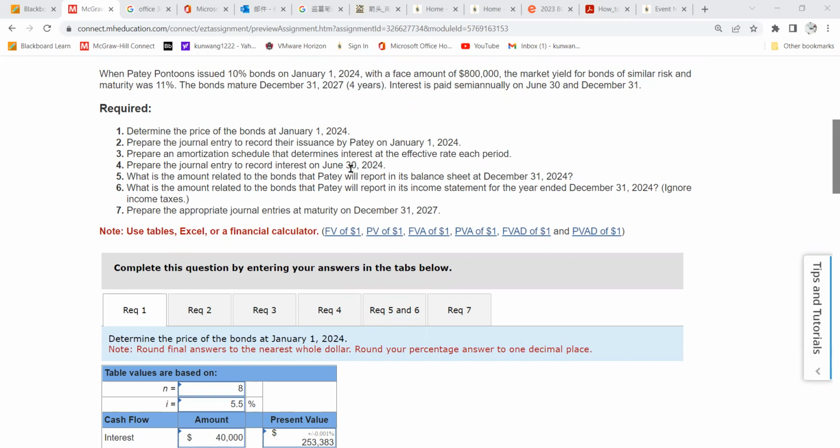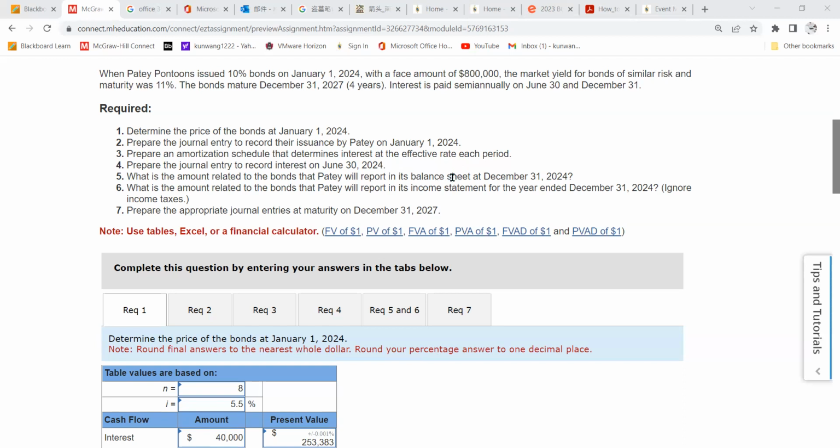And then the first interest payment journal entry, as of June 30th, 2024. The remaining interest payments will be similar, but with different amounts from your amortization table.